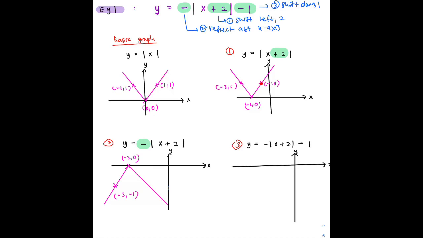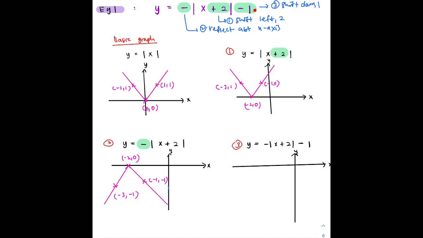Next, this point here, (-1, 1). The x coordinate doesn't change, only the y coordinate will change. So this is (-1, -1). So you have finished graphing the second transformation, which is now y equals negative modulus of x plus 2.